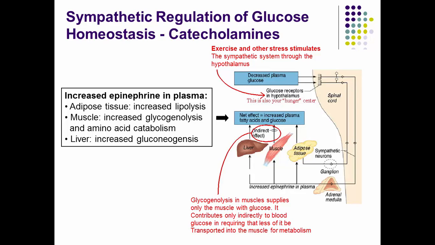And in the liver, catecholamine also stimulates gluconeogenesis, right? So during exercise, there are also some issues the body needs to deal with: trying to maintain blood glucose levels and also increase the availability of fatty acids, because muscle needs to utilize both carbohydrate and fatty acids for making energy, right?